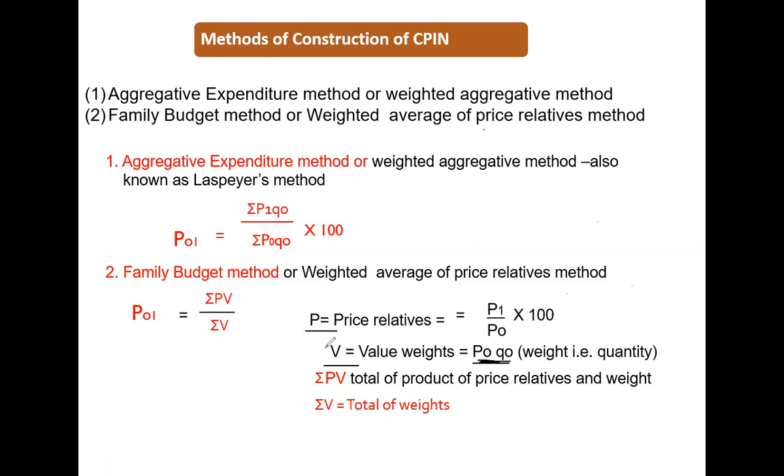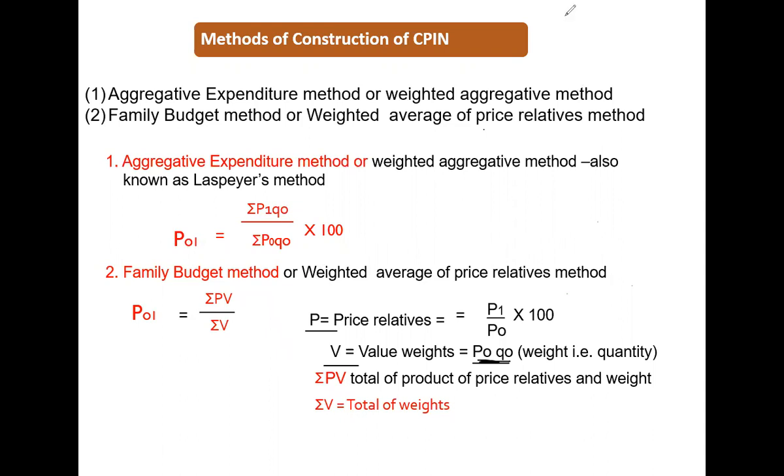Multiply P with V, okay. And then find the total, okay. So the total will be the numerator here divided by the value weight again, okay. And then when you simplify all the terms, it still comes down to the Laspeyres formula. But the process of computation, the steps in computation, is different.